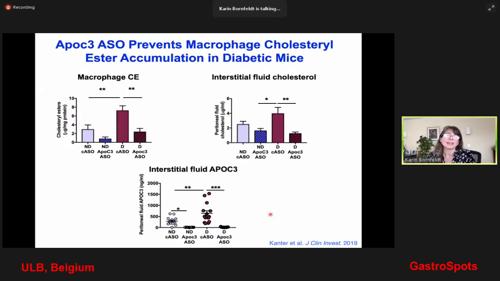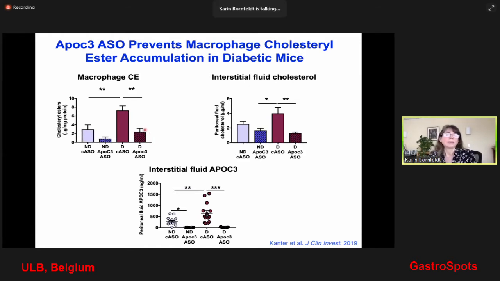And this concept is supported by the following experiment in which we harvested peritoneal macrophages from the non-diabetic and diabetic animals and animals treated with the antisense. When you do that, we see that macrophages from diabetic mice in the peritoneal cavity contain more cholesterol esters, so they're more lipid loaded than the non-diabetic macrophages.